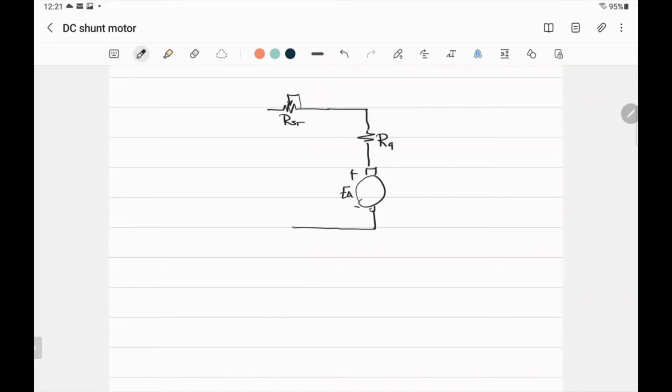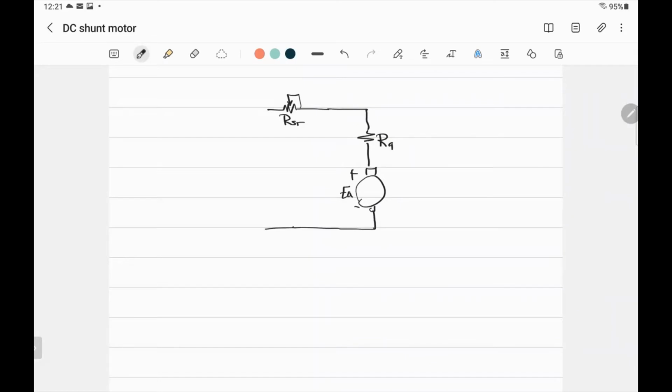When we start, maybe we don't want to have the full voltage applied to the motor until it gets to speed, because as we did in the previous lecture, the starting current was like 5 times the normal current. So to reduce it, we may add resistance.